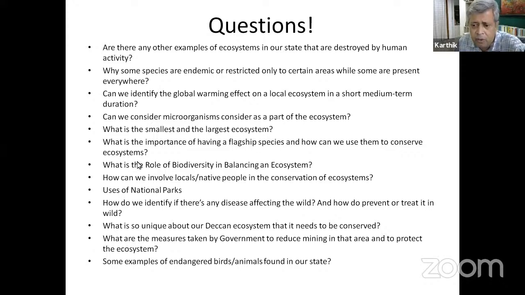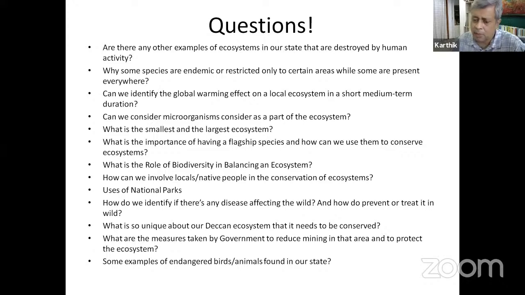How can we involve local native people in the conservation of ecosystems? We cannot conserve any ecosystem without involving local people. Okay, so in India, we have many examples of how people have lived with the ecosystems and they have survived over thousands of years.